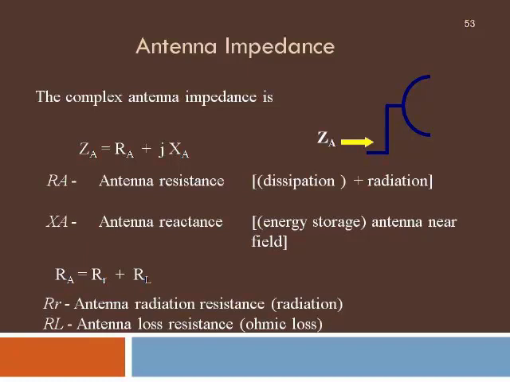The radiation resistance is not the complete story in some antennas because they may also have a small amount of loss across the body of the antenna. In such a case, RA is going to be the radiation resistance plus the loss resistance.